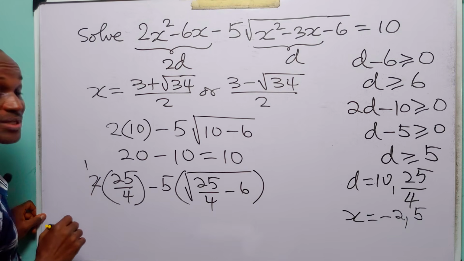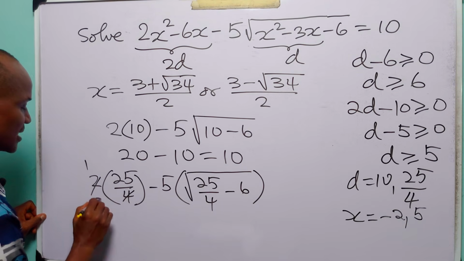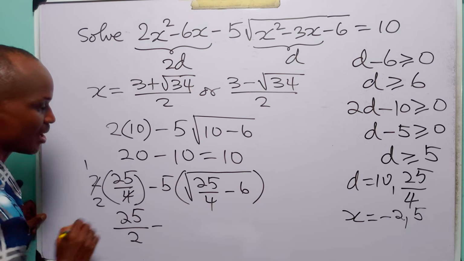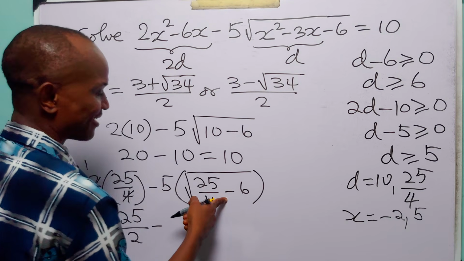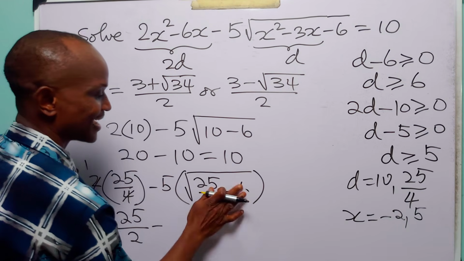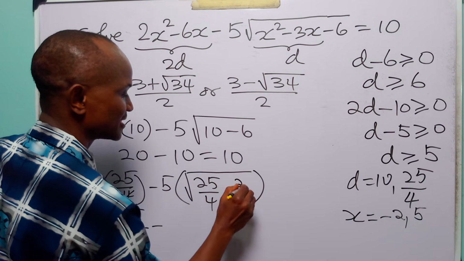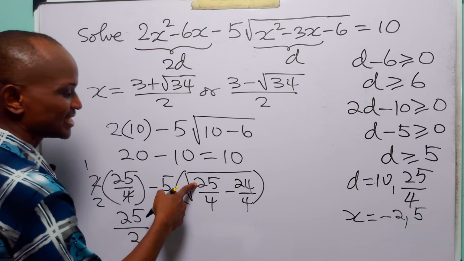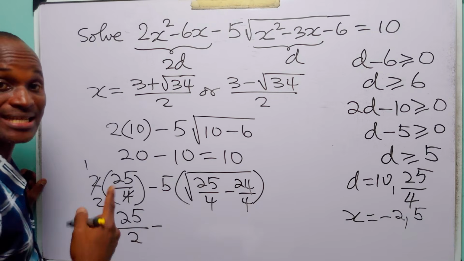Now, 2 into itself is 1, into 4 is 2. So here we have 25 over 2 minus. Now we can write 6 as 24 over 4. 25 minus 24 is 1.